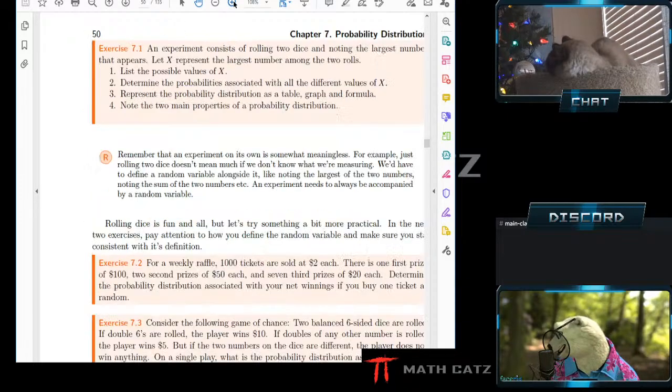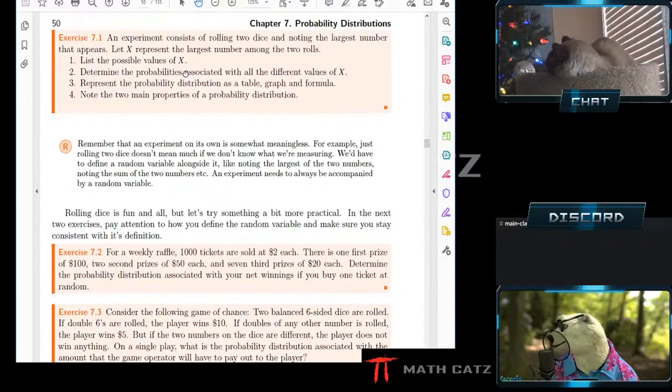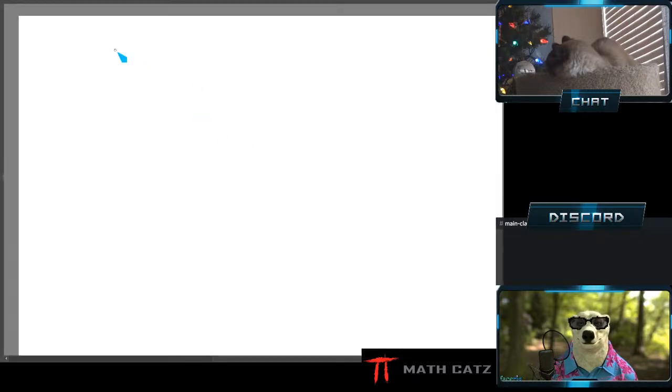So let's read it. An experiment consists of rolling two dice and noting the largest number that appears. Let's just think about that before I continue, because as we work our way through this example, we're going to elaborate on certain things.